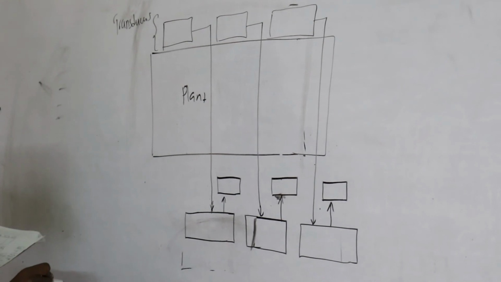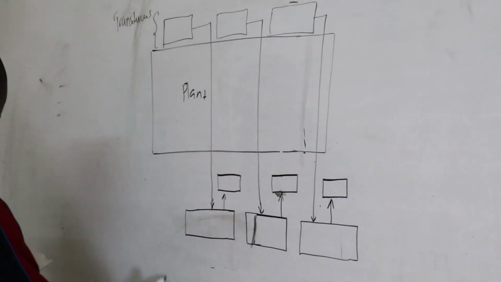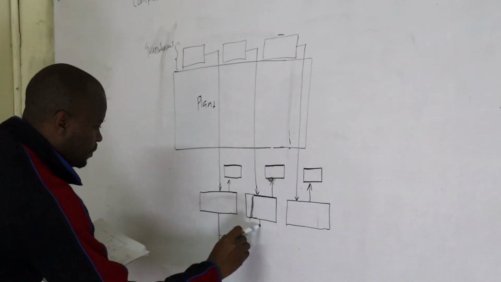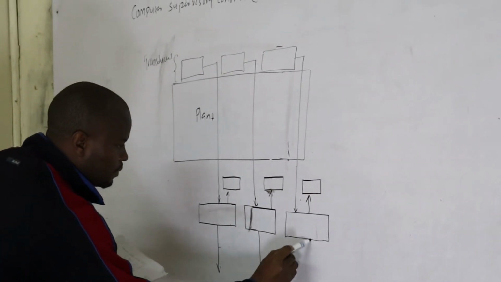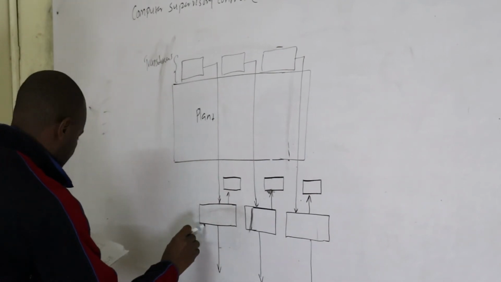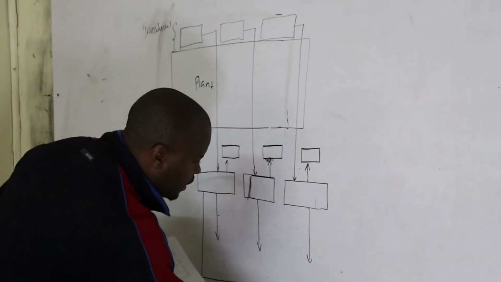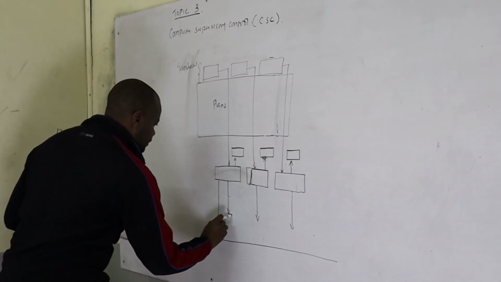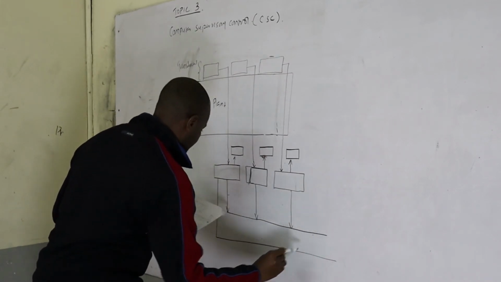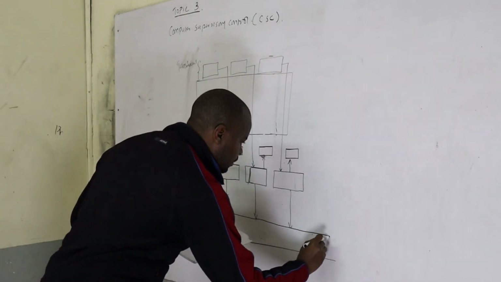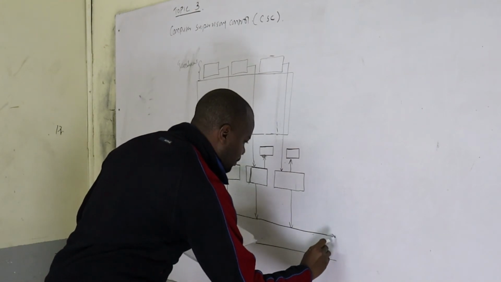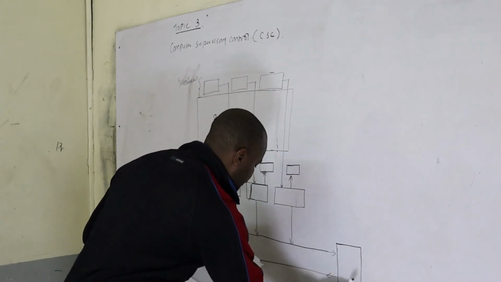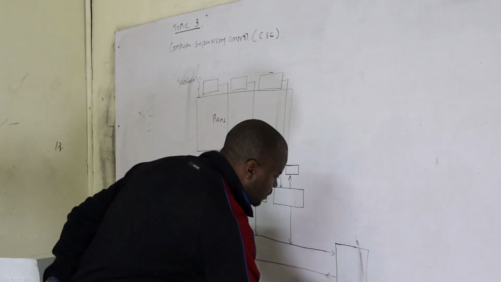Then from here, this one's going to the data lines. So we can have this moving in that way. Here we have the serial communication port.